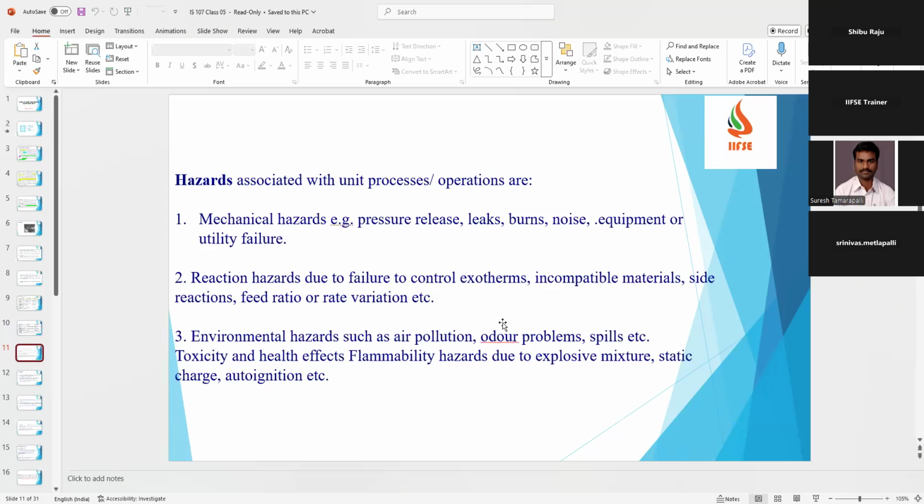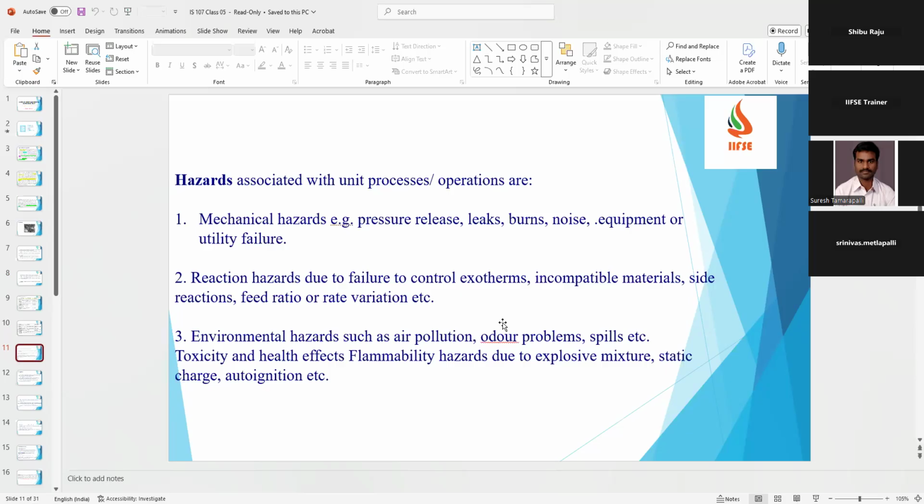So when I say utility failure, it is the failure of utility systems like hot water, steam, hot oil, even chilled brine, which we can consider for cooling of the reaction or temperature. Then hot water, hot oil, steam we use as utilities for increasing the temperature of the reaction.